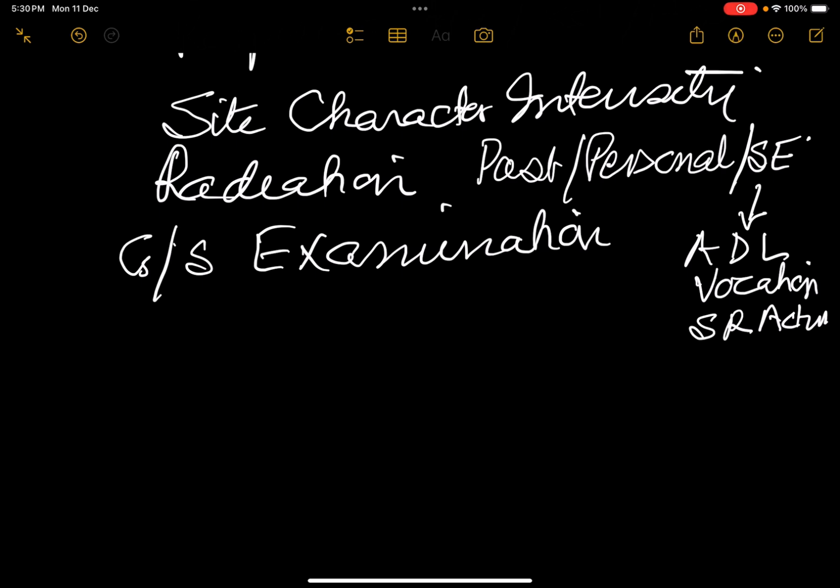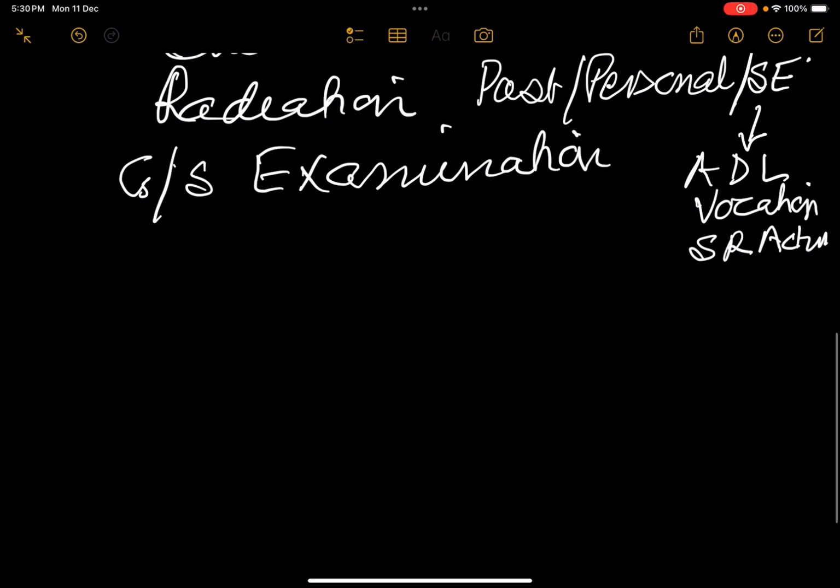So after this, we do a thorough general and systemic examination to detect any cause of pain.